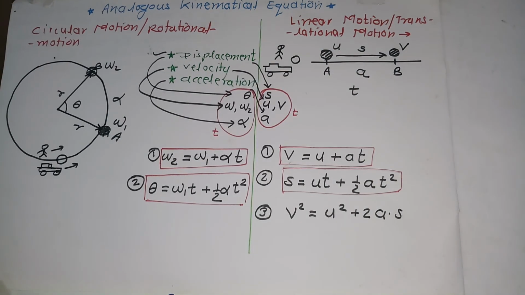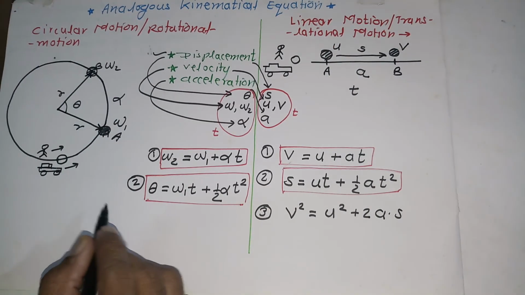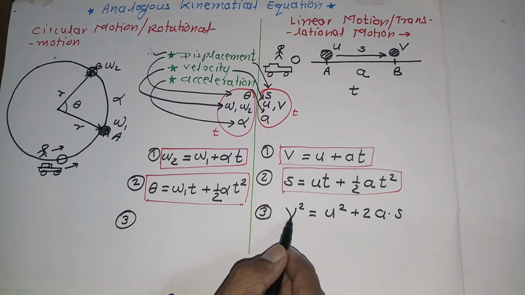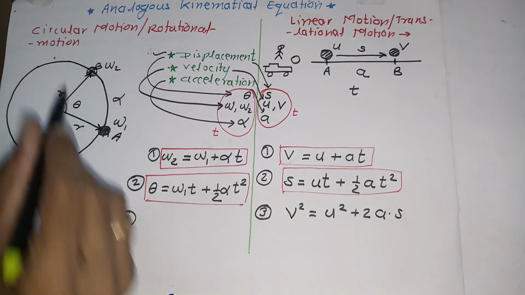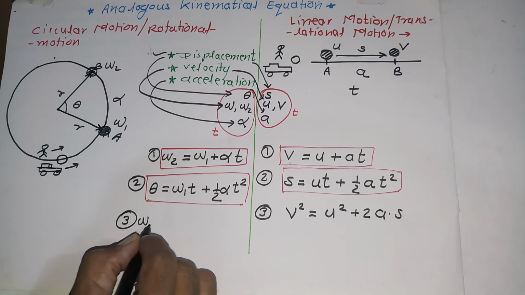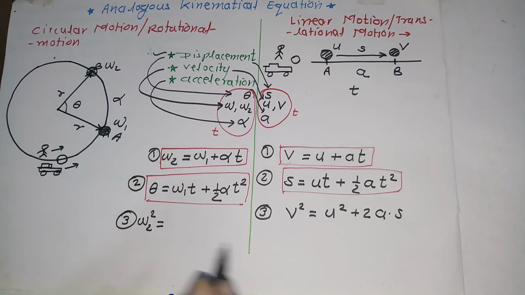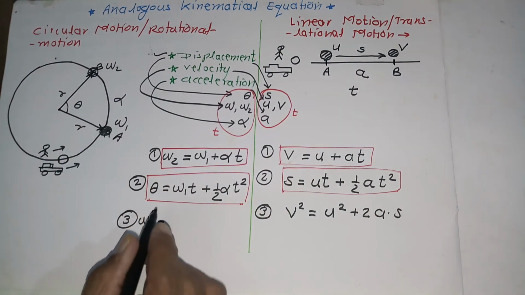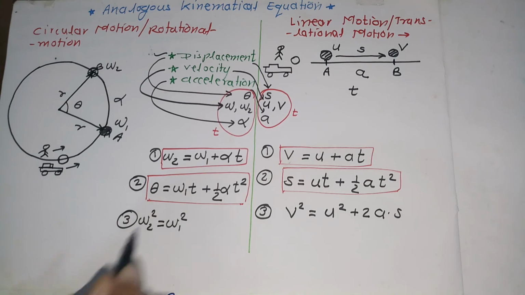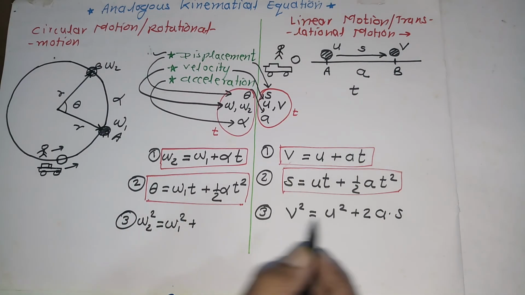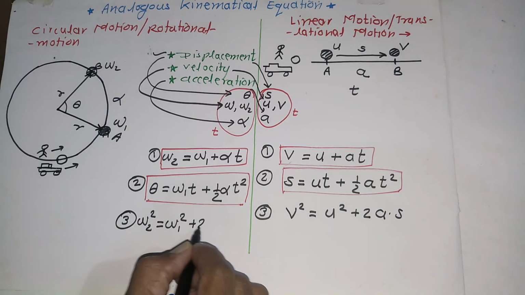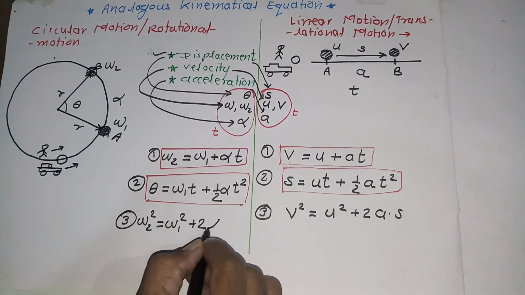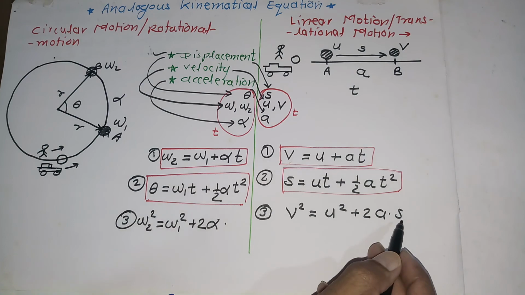The same kinematical equation for circular motion can be written in this way. The third one: final angular velocity omega 2 square is equal to initial angular velocity omega 1 square, plus 2 alpha, angular acceleration in place of linear acceleration a, into theta, the angular displacement in place of linear displacement.